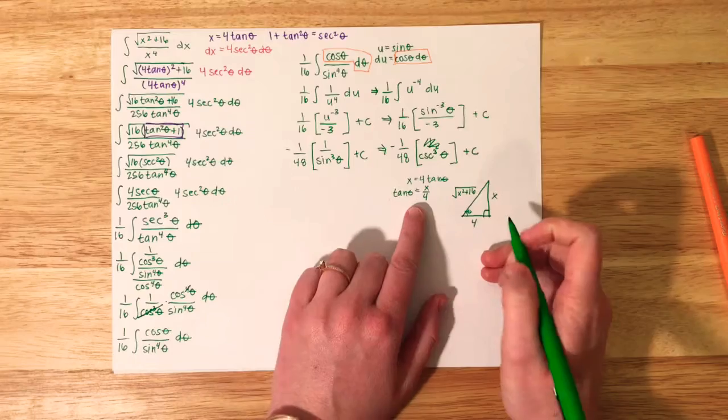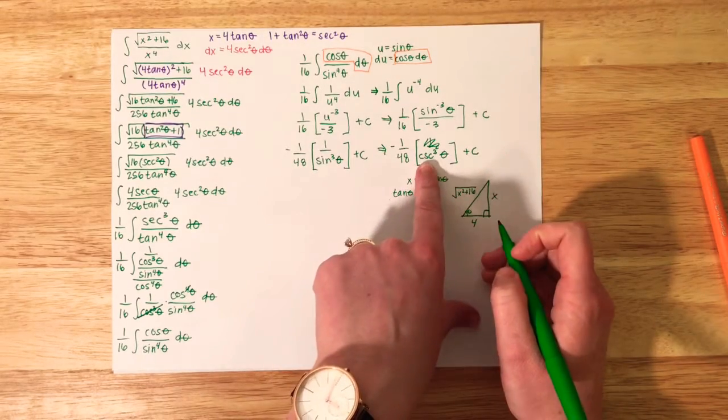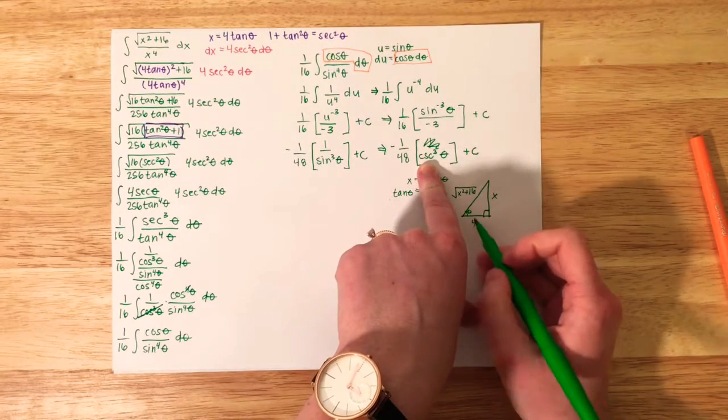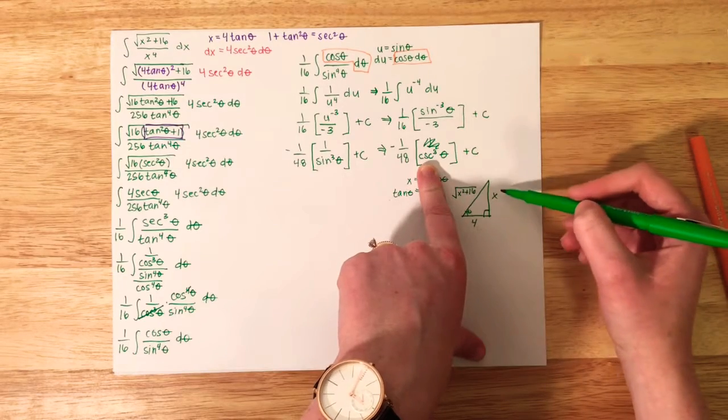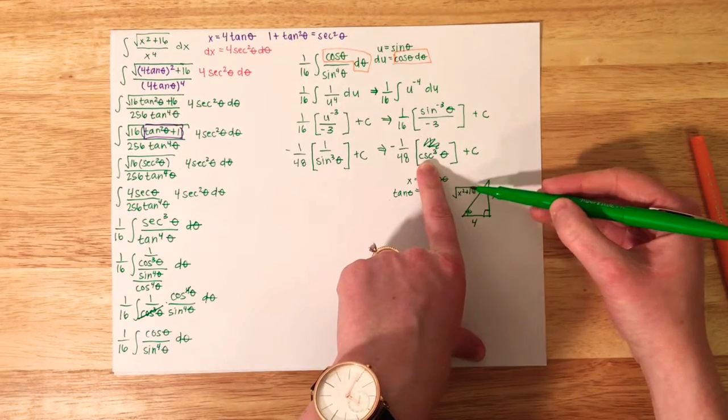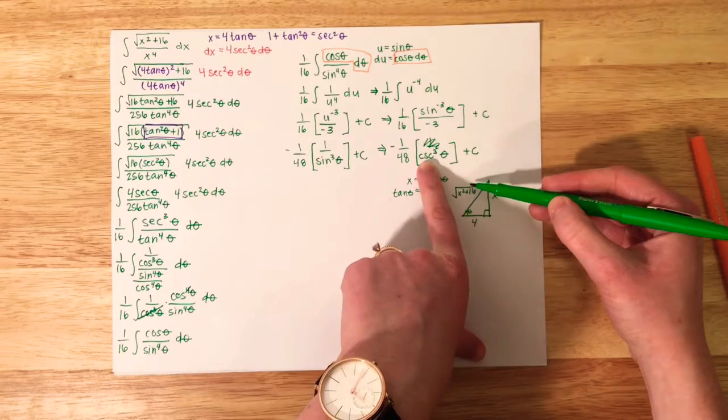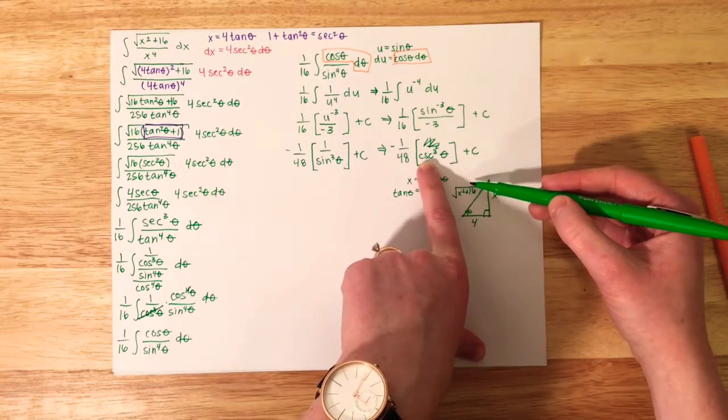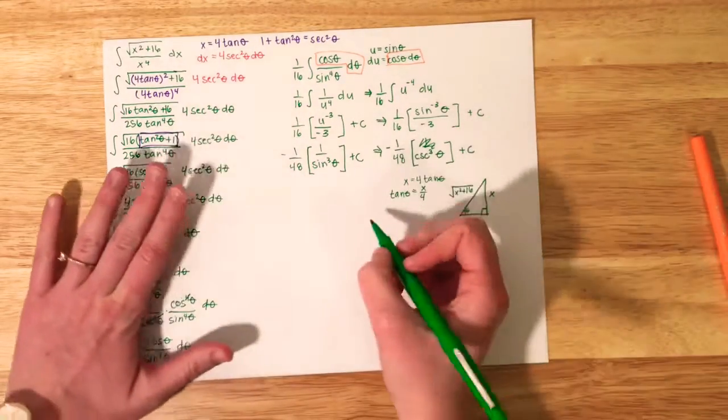All right, so we want cosecant, which is the opposite of sine, and sine is opposite over hypotenuse, so cosecant is going to be hypotenuse over opposite. So let's make that change.